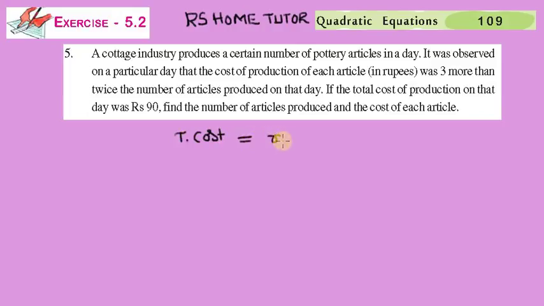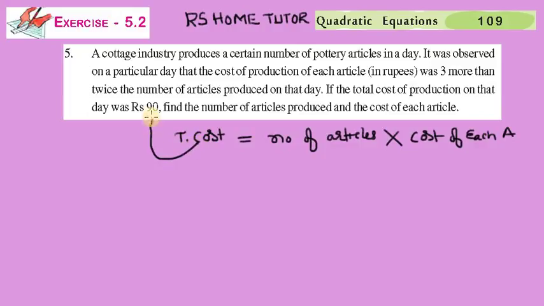One is the number of articles, and it is multiplied by the cost of each item, each article. This A indicates article. So when you know these two things, then we can get the total cost.